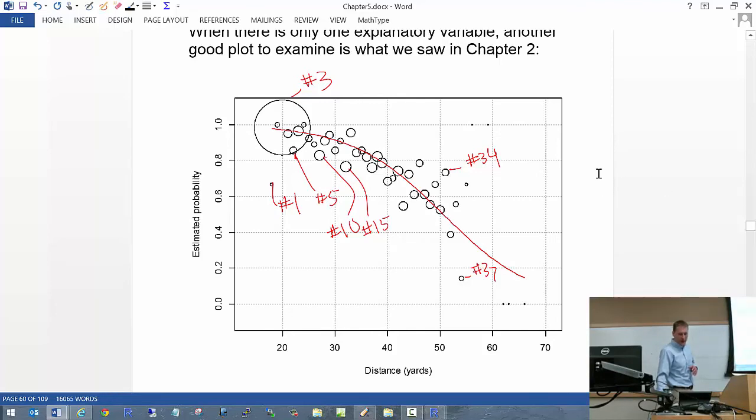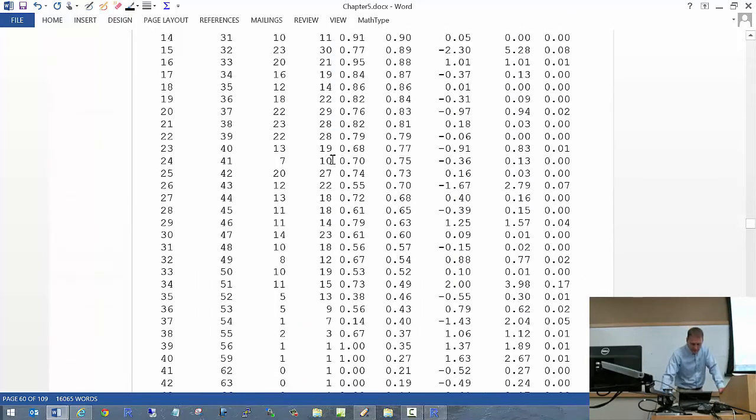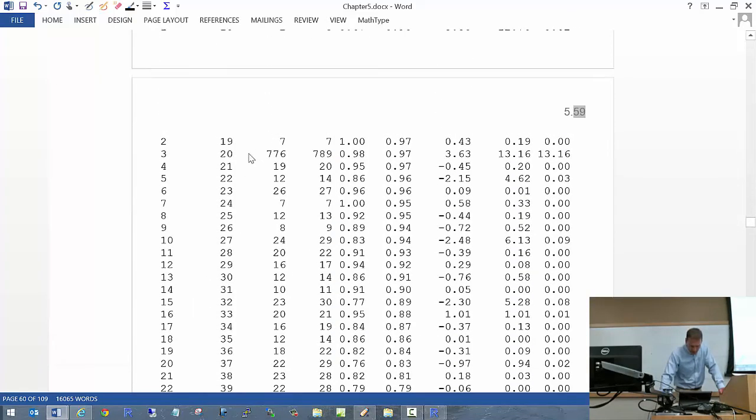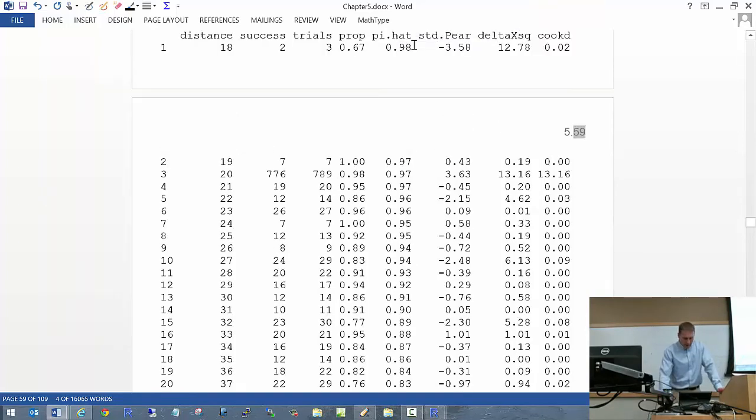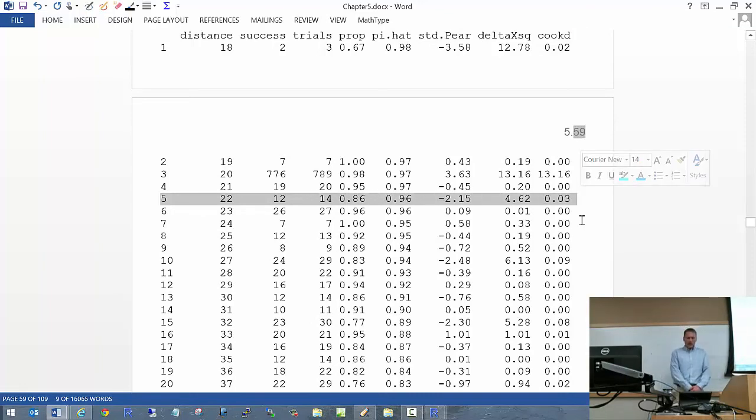So let's go back to our actual data frame here. Let's see now. Which one is that? So let's take a look at number 5. 12 successes out of 14 trials, the standardized Pearson residual was negative 2.15.